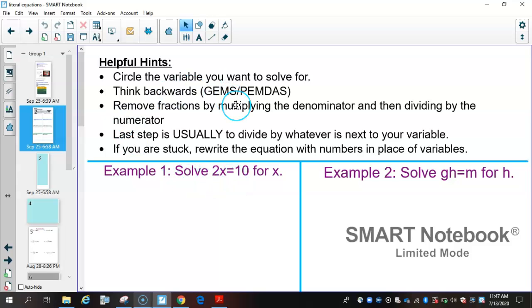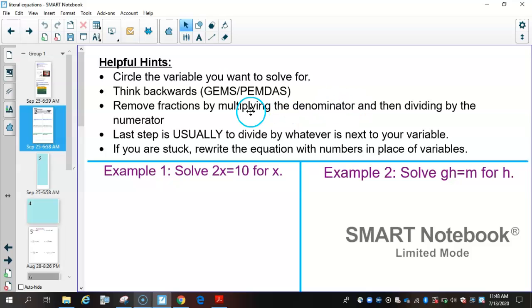Think backwards, so do your PEMDAS or GEMS. Just like we would solve a multi-step equation, you're still doing that order of operations, but trying to get everything away from the variable. Remove fractions by multiplying the denominator and then dividing the numerator. I know in a previous video we talked about this.